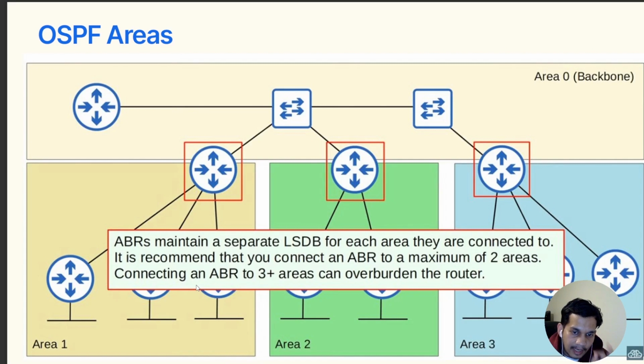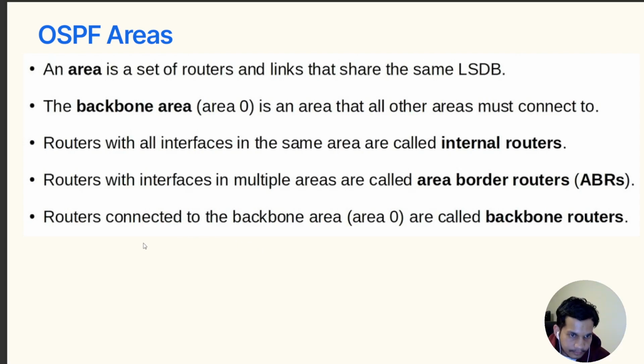Connecting an ABR to 3 or more areas can overburden the router with more processing. So to reduce it, have a maximum of 2 areas. Routers connected to the backbone area 0 are called backbone routers.